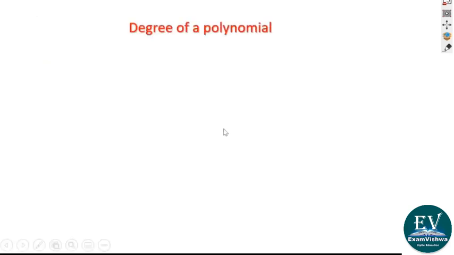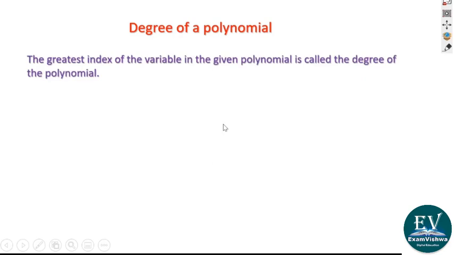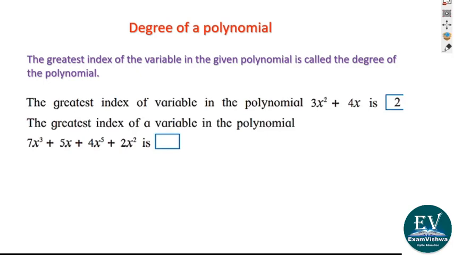Another thing is the concept of the degree of a polynomial. The degree of a polynomial is talking about the index of the variable. It tells us the greatest index in the given polynomial, the highest index. For example, if you try to find the greatest index of a variable in this polynomial, we can see that the maximum is 2, so 2 is the greatest index.